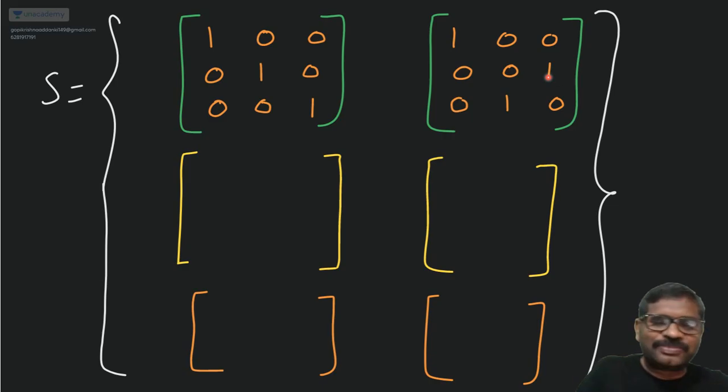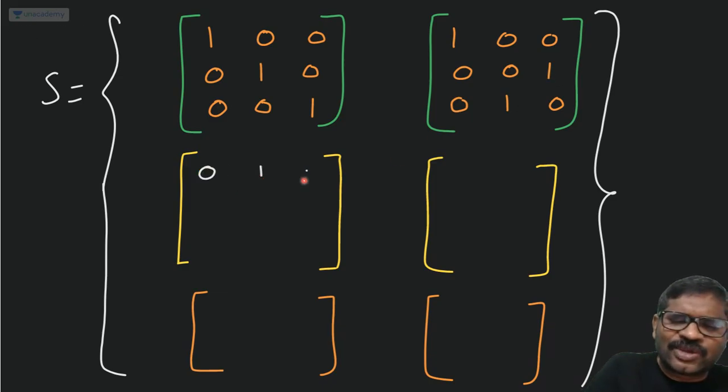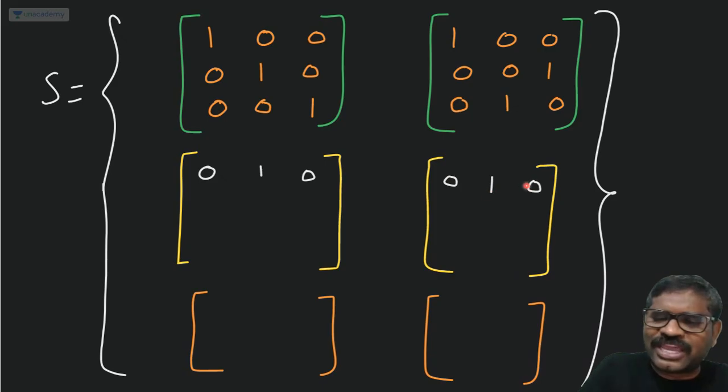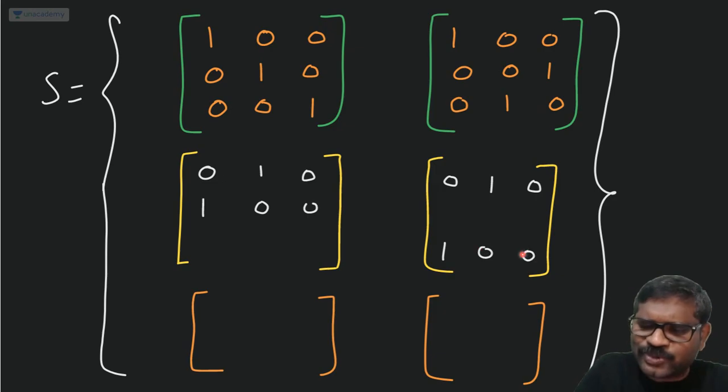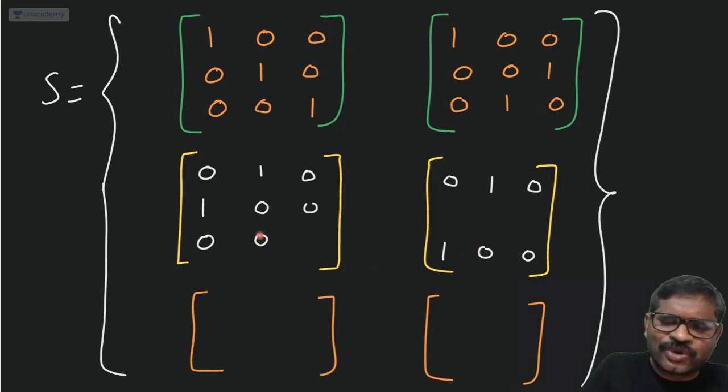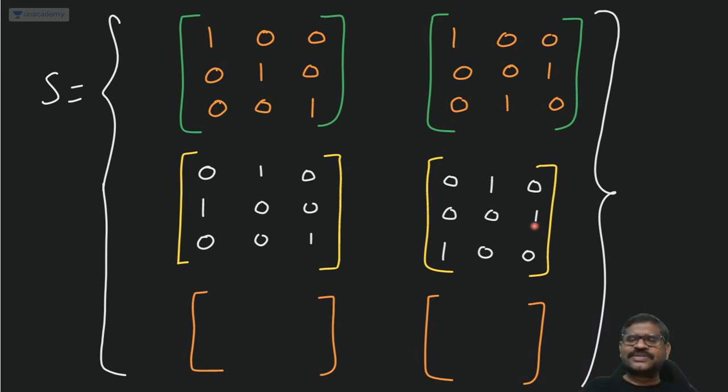Now, I am fixing 0, 1, 0 in the first row. Then 1, 0, 0, 1, 0, 0 and 0, 0, 1, 0, 0, 1. Are they different or not? Not both, all four are different or not? Next, do you understand the logic now?